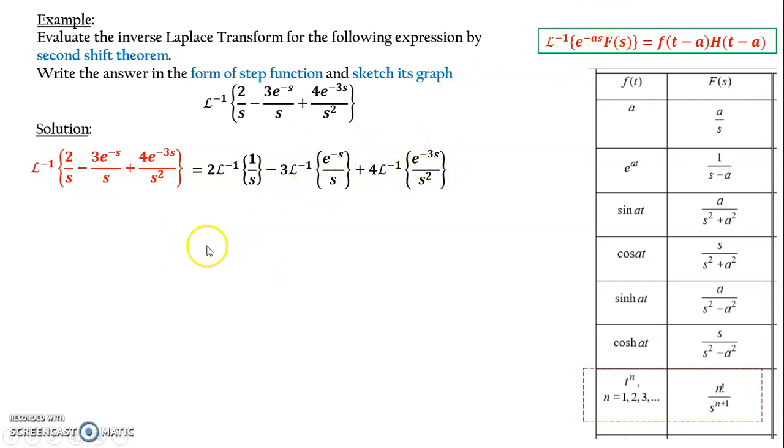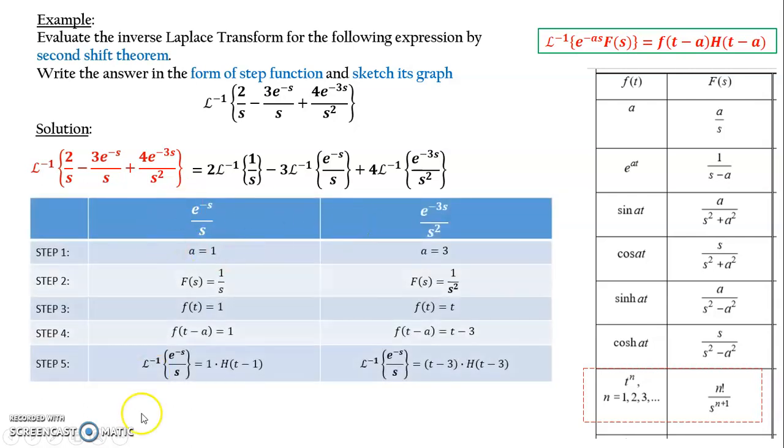Usually we can do the step by step in terms of a table. For the function e^(-s) over s, step number 1, you need to determine the value of a. So a is 1, and then you need to determine F(s). From here, F(s) is equal to 1 over s, because the function is e^(-as) multiplied with F(s). Based on this F(s), you evaluate the inverse Laplace transform to get f(t).